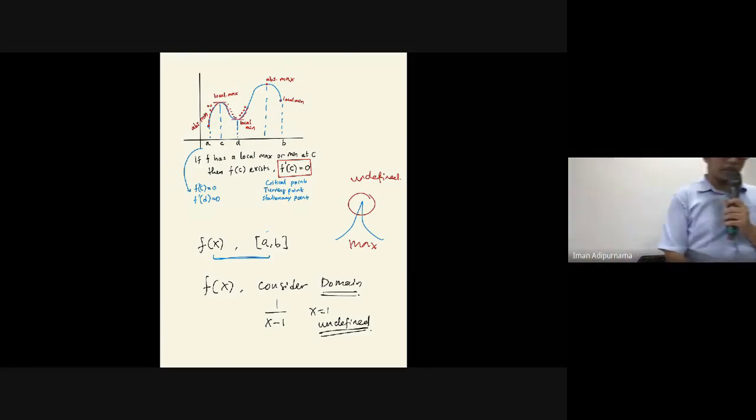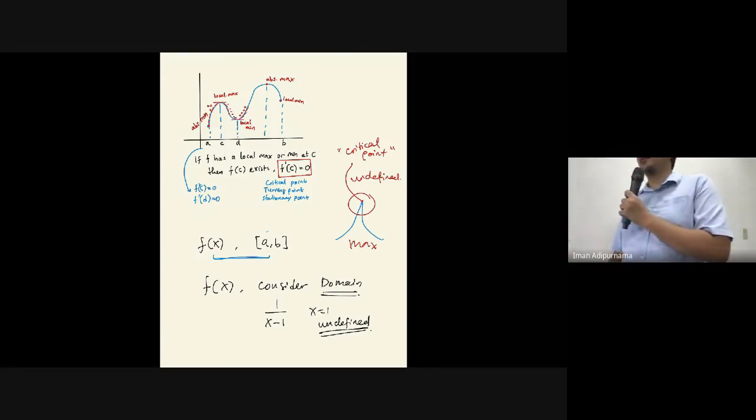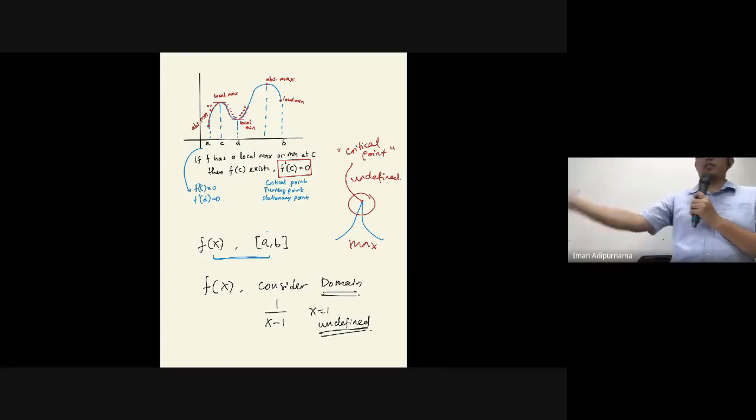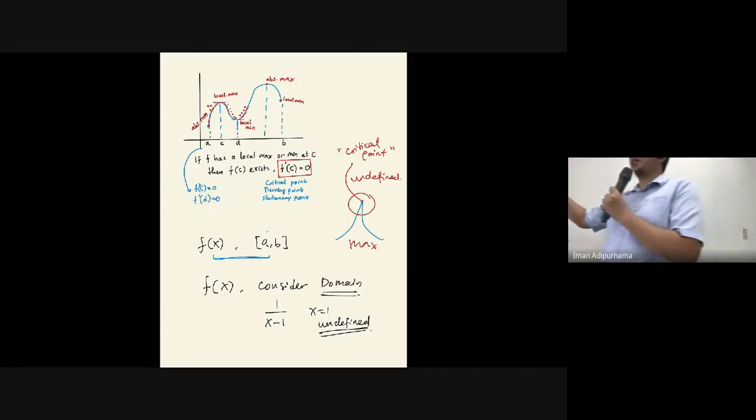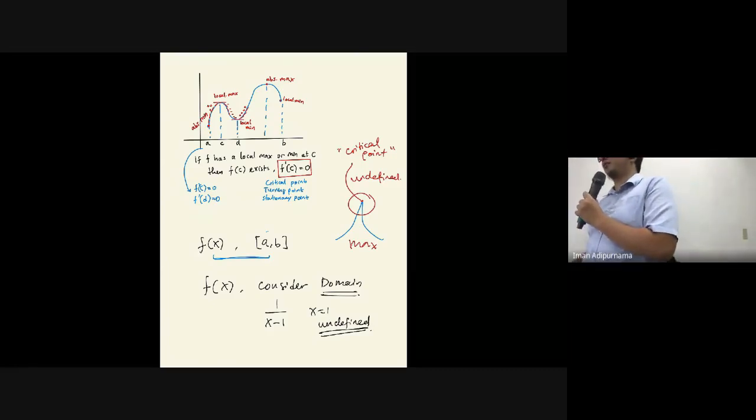This is also a critical point, despite it being undefined. So you have f prime is 0 or f prime is undefined, it's also a critical point. So a critical point is not necessarily f prime equals 0.